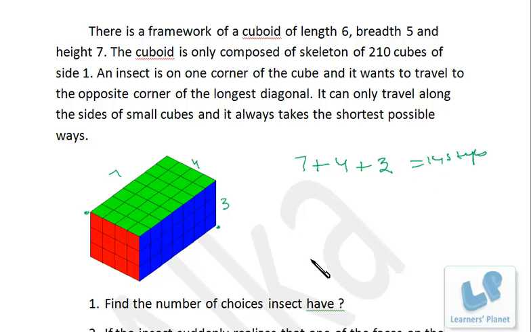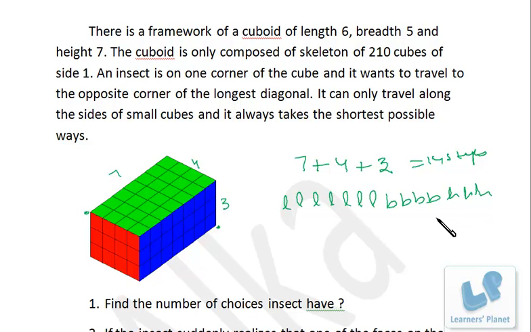Now the same funda we will be using. 7 times it corresponds to length, 4 times to breadth and 3 times to height. Again you have a 14-letter word and you have to find the number of ways to arrange these letters.